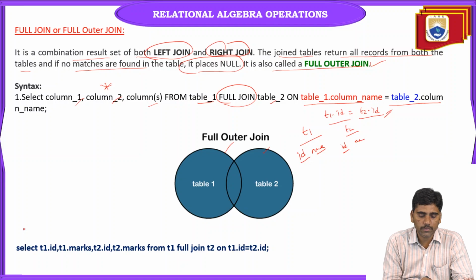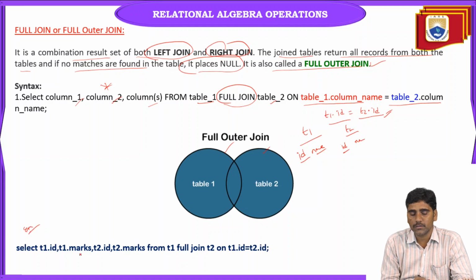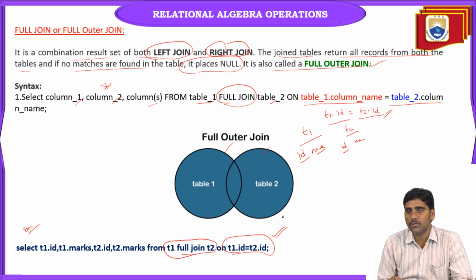So here, for example, select t1.id, the id from table 1, marks from table 1, and the id from table 2 as well as marks from table 2, from t1 full join t2 on t1.id equals t2.id. So that is the way you can write to perform a full outer join.